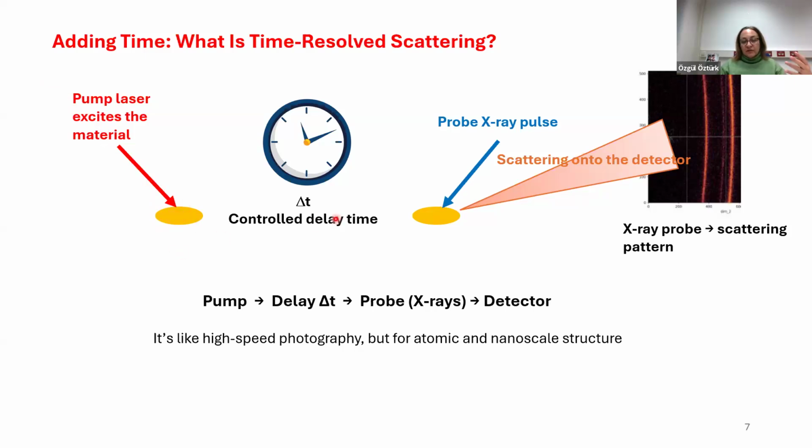Then let's say after 100 picoseconds, you probe it with X-ray and see what's happening on your detector. Therefore, as you probe with the X-ray, you have the atomic and nanoscale sensitivity.